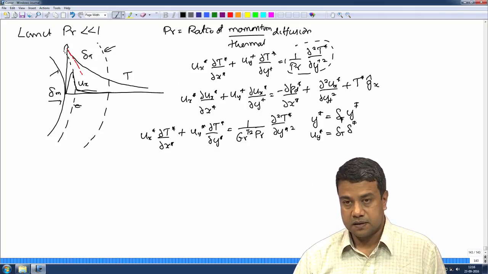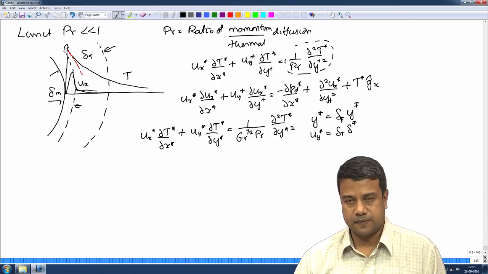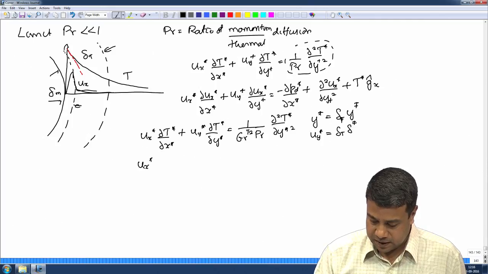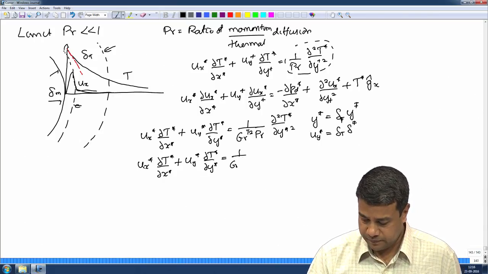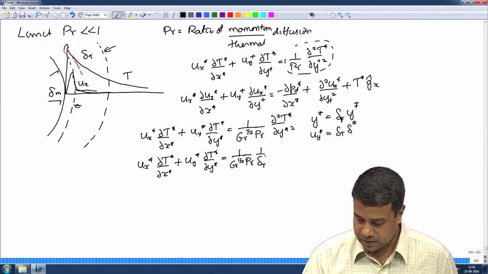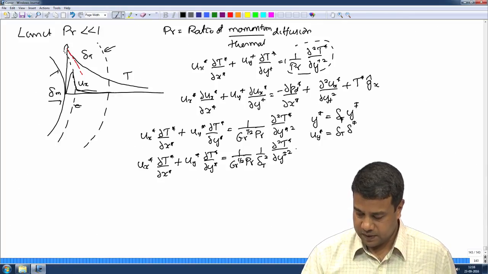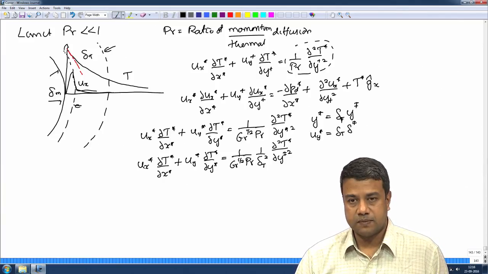The reason is because in the mass conservation equation, partial ux by partial x has to be the same as partial uy by partial y. And if I do that, you can very easily see that ux partial t by partial x will be equal to 1 by delta thermal square partial square t. And I can do the same thing for the momentum equation.